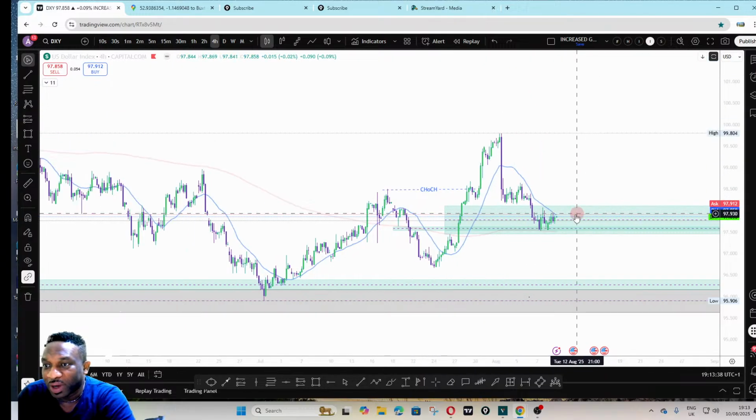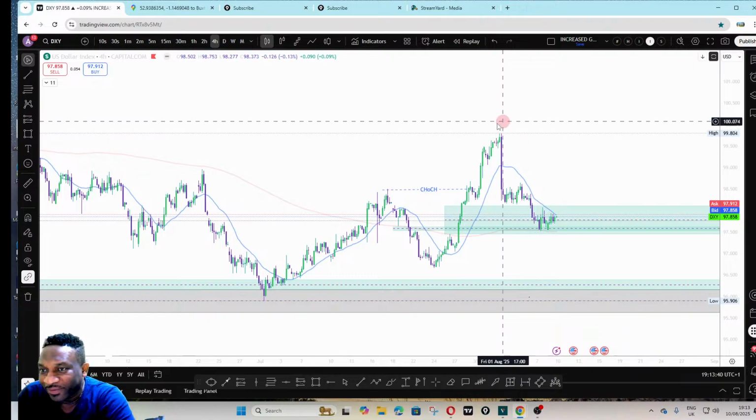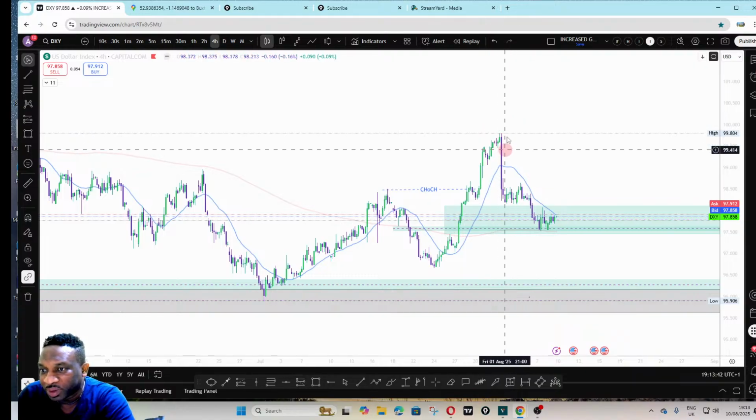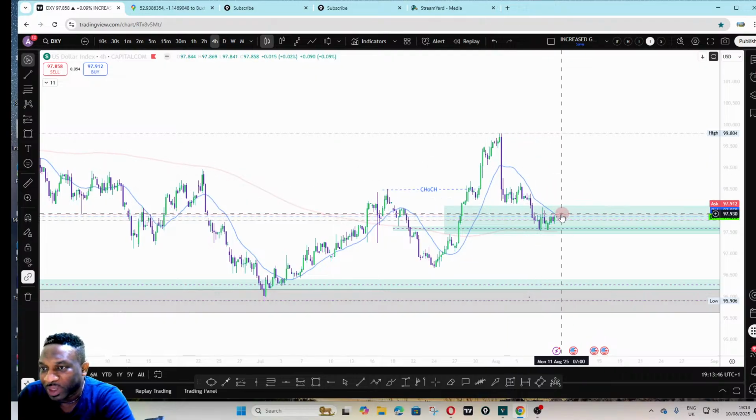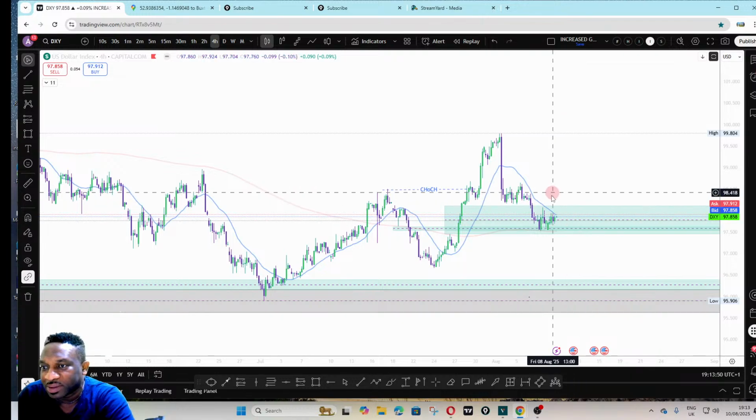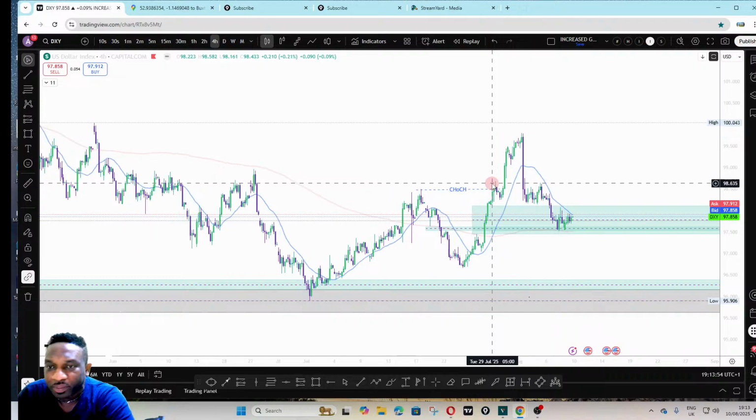So on the 4-hour we can target here first. This could be your first target, but first of all we will expect a push up, creating an imbalance along the way as it moves from this area.